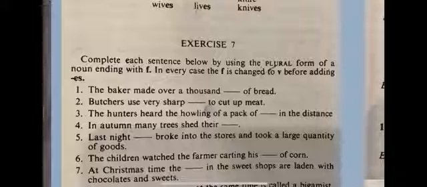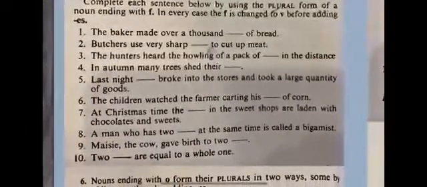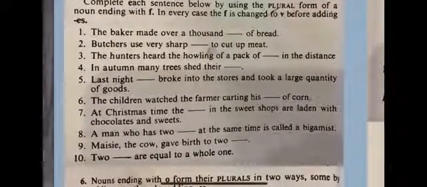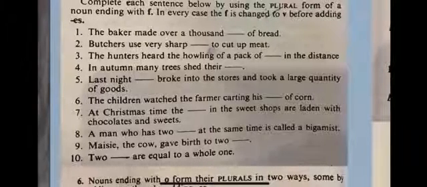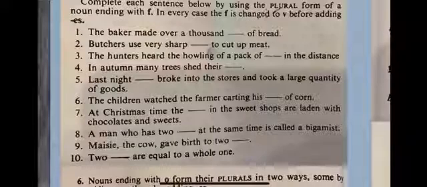Who is the person who steals things? Just fill it. The children watched the farmer carting his dash of corn. So what's that thing? The 8th one is, a man who has 2 dash at the same time is called a bigamist. So who is that man called?